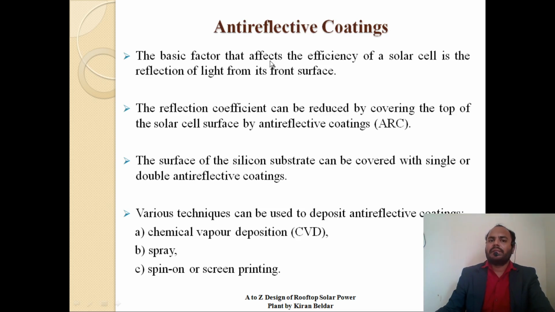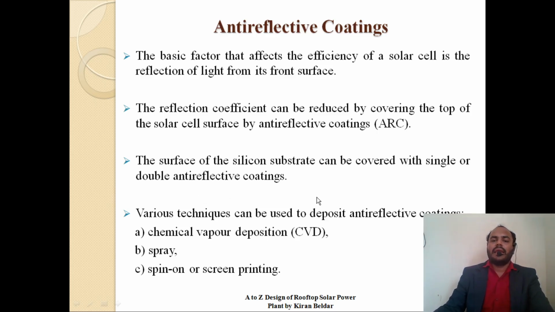The basic factor that affects the efficiency of a solar cell is the reflection of light from its front surface. The reflection coefficient can be reduced by covering the top of the solar cell surface with an anti-reflective coating, ARC. The surface of the silicon substrate can be covered with a single or double anti-reflective coating, but it is suggested that one apply a single coating over the silicon or solar cell.